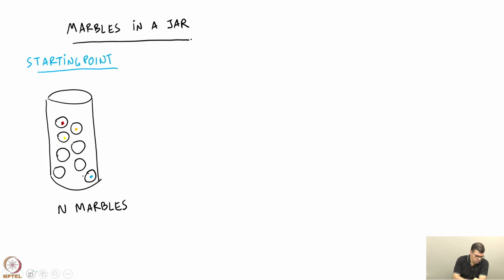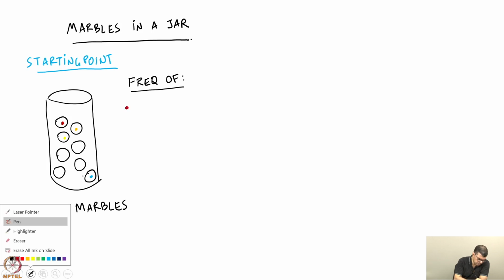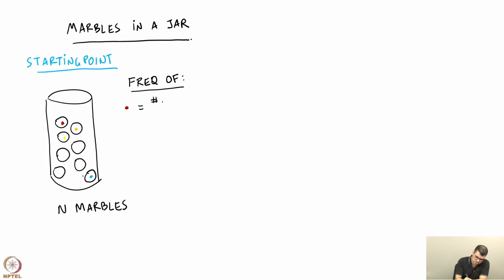At this starting point, we will define a quantity called frequency of each color. For example, the frequency of red colored marbles is simply equal to the number of marbles of color red divided by the total number of marbles.